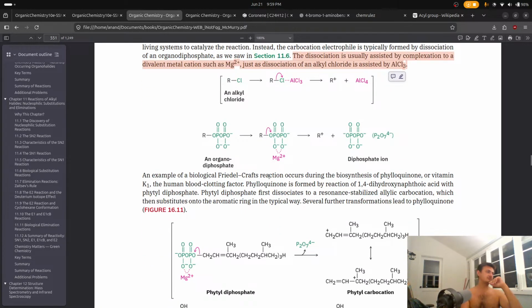Okay, bro, that's niche, man. As an example, a biological Friedel-Crafts reaction occurs during the biosynthesis of phylloquinone. Vitamin K1, dude, I was just reading about that today. I think I was on stream reading about that. I asked why are power greens healthy? Human blood clotting factor. Phylloquinone is formed by reaction of 1,4-dihydroxynaphthoic acid with phytyl diphosphate.